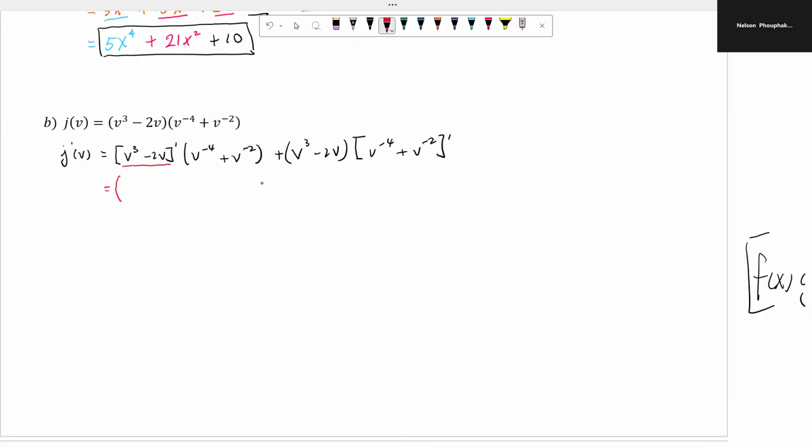And now the derivative of this will be 3V squared minus 2 divided by V to the negative 4 plus V to the negative 2. Plus V to the power 3 minus 2V and multiply to negative 4 V to the negative 5 minus 2 V to the negative 3 then.